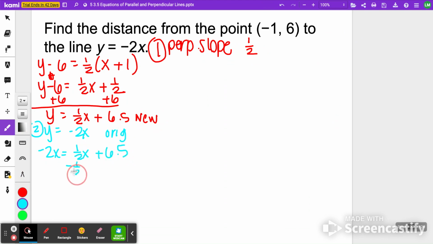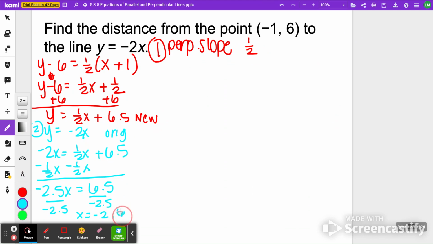I'm going to subtract 1/2 x from both sides so that I get negative 2.5x is equal to 6.5, and then I divide both sides by negative 2.5, and I get x is equal to negative 2.6. Okay, I'm going to take this x coordinate and plug it in to my original problem to find out what my y is equal to.